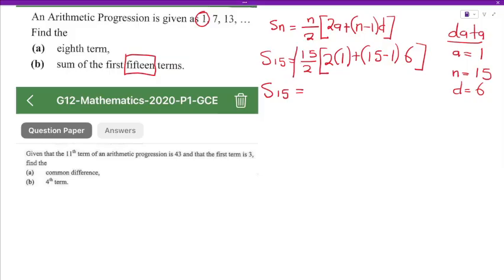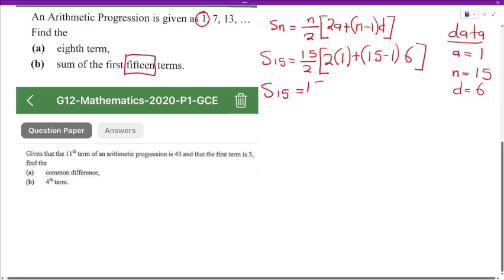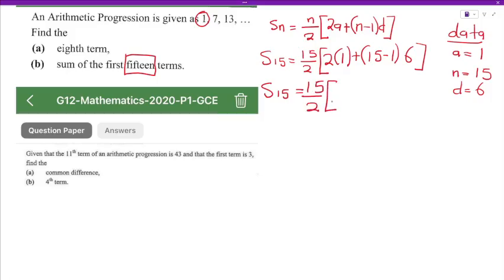Okay, now you notice here you can't simplify this guy. It will give you a decimal, so you need to be patient for this one. You just write it the way it's appearing. You simplify what you can simplify. You do that one at the end. So I'm going to say 2 times 1 there is a 2. And then plus 15 minus 1 in the brackets is 14 times the 6 outside there.